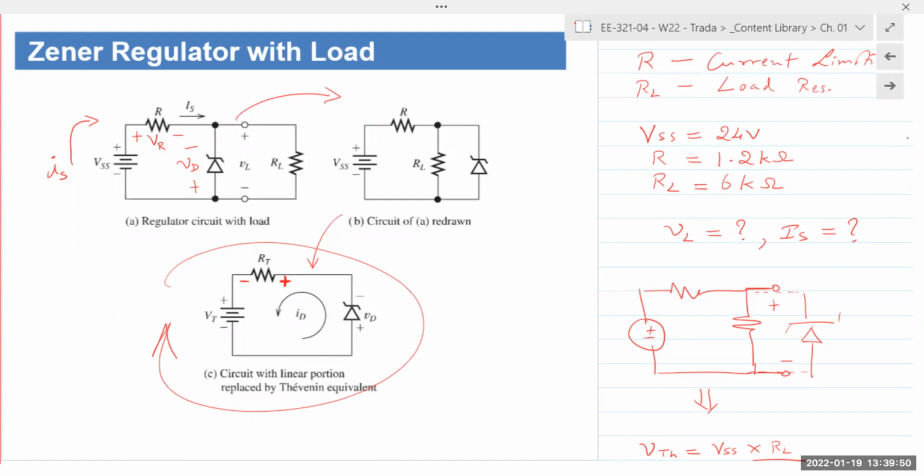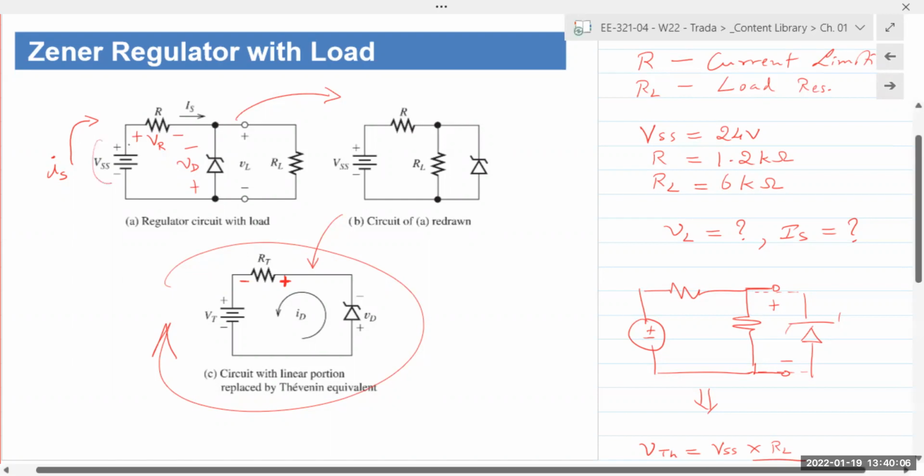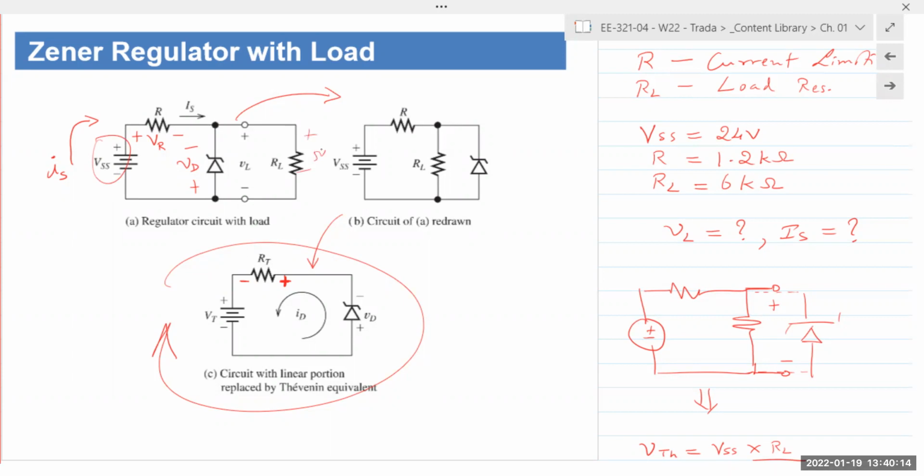Now, we'll work through everything. I'm going to solve everything. Minimum: what happens if the input voltage is less than 10? The diode doesn't even turn on. So if you apply 5 volts at the input, VSS, at the output you'll only get 5 volts. Because the diode is off, IZ should be equal to 0.